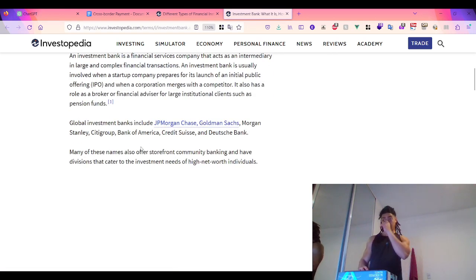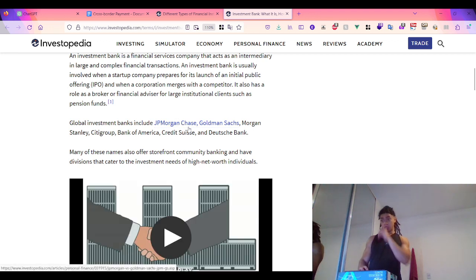Global investment banks include JP Morgan Chase, Goldman Sachs, Morgan Stanley, Citigroup, Bank of America, Credit Suisse, and Deutsche Bank.